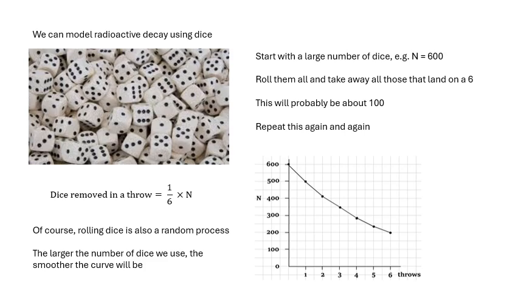And you can plot the number of dice against the number of throws, which represents time, and you should get something which looks a bit like an exponential decay. Because it's random, it's very unlikely to be a very smooth curve unless you use a very, very large number of dice. You could also plot delta n against time, and that should also be an exponential decay because delta n is proportional to n.